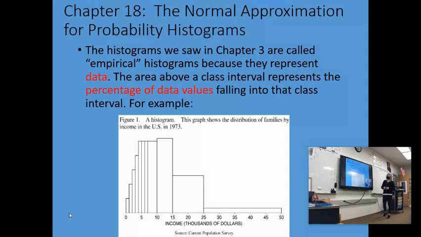The area above a class interval represents the percentage of data values falling into that class interval. So if we're talking about income of families in the US, we know this rectangle right here represents the percentage that are between this and this. And when you made your posters, each rectangle or interval represented percent within that height.